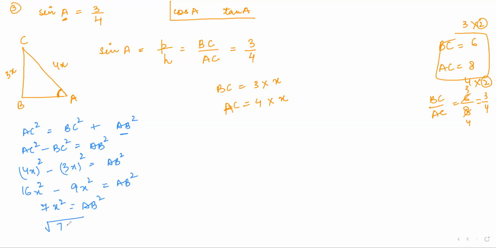So under root of 7x square is equal to under root of AB square. x square is x into x, so one x will come out. Only under root 7 will remain here, into x, and this will become AB. So AB is root 7 x. So I've got the third side of the triangle also.